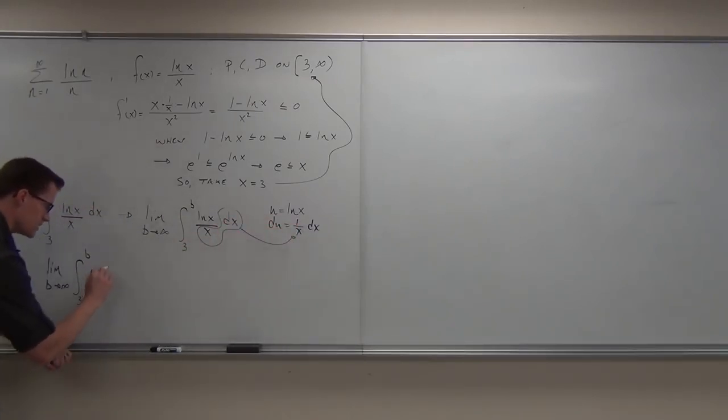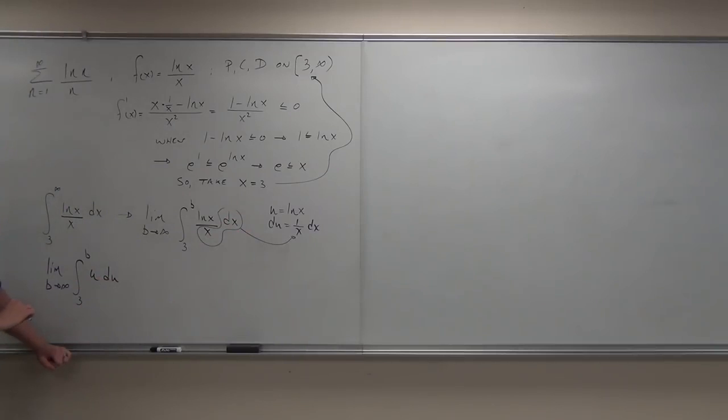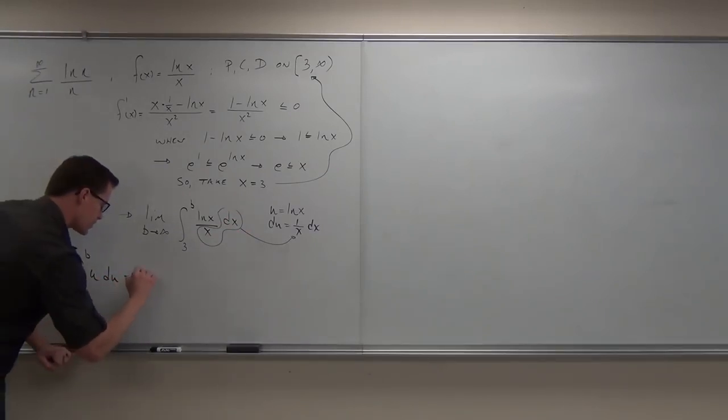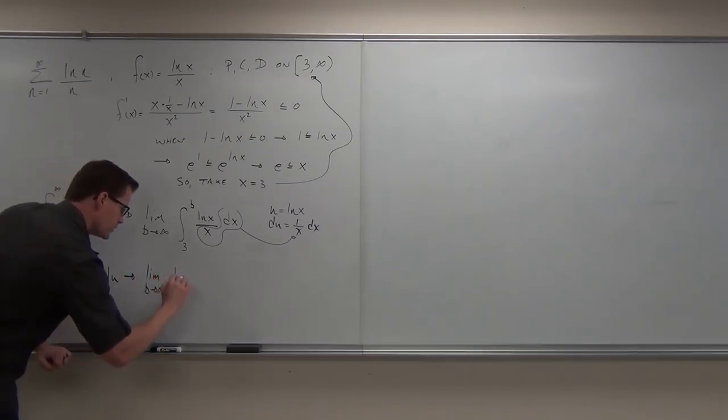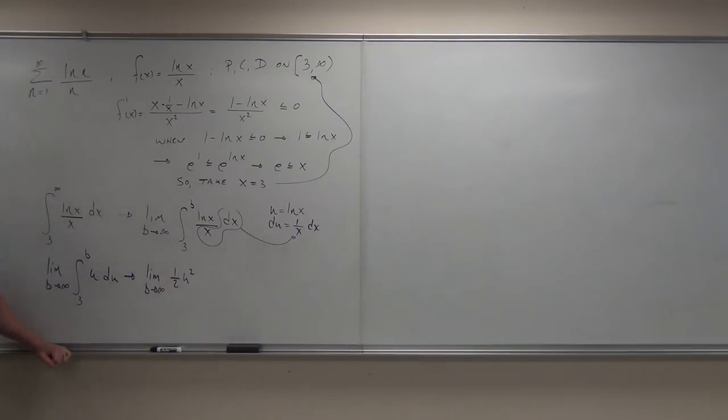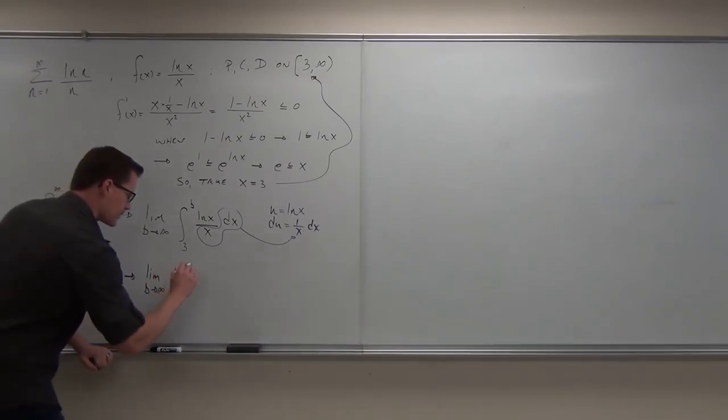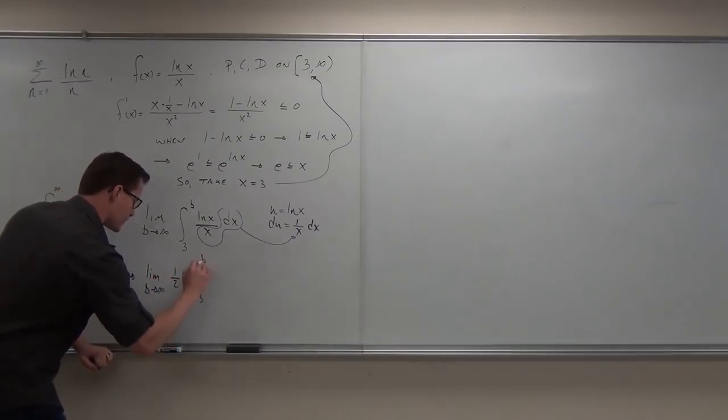So du is this piece. Well, that was pretty painless. That means we're going to get the limit of u squared over 2 as b goes to infinity from 3 to b.